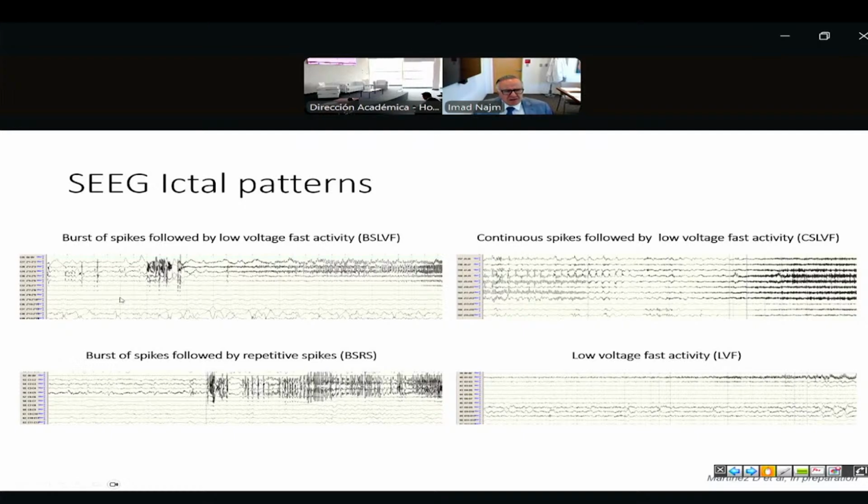We see various patterns: bursts of spikes followed by low voltage fast activity, bursts of spikes followed by repetitive spikes, low voltage fast activity without pre-ictal spiking, and continuous spiking, which we sometimes see more in patients with type 2B dysplasia, with low voltage fast activity.